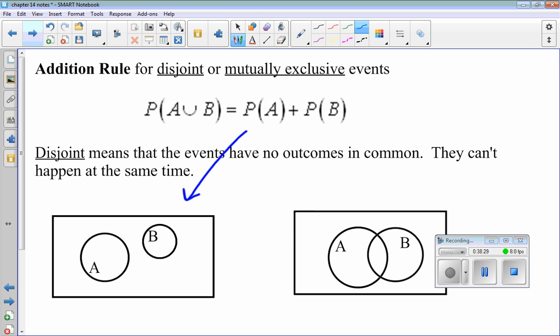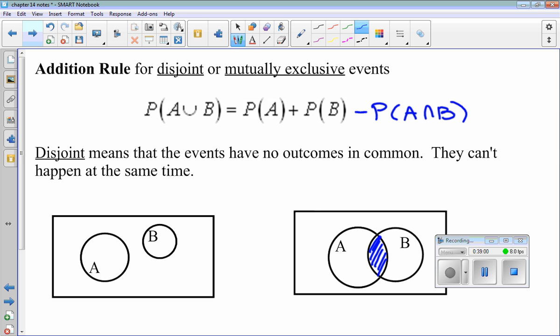Because if you look at your formula sheet on the inside, and I so very rarely will ever do this, I almost always will give it with its full counterpart. Remember last class I talked about the probability of A and B being the probability of the intersection, correct? So if they don't intersect, that probability is 0, which means if they don't intersect, the Venn diagram looks like it is on the left.